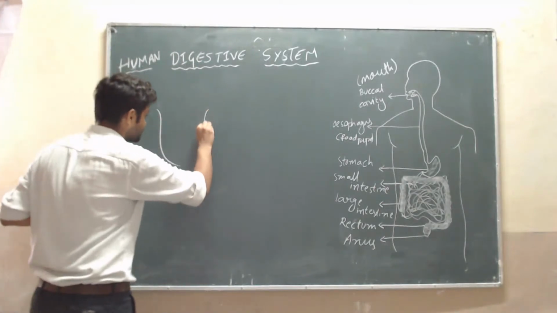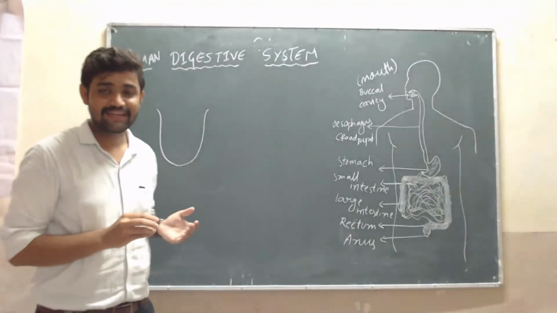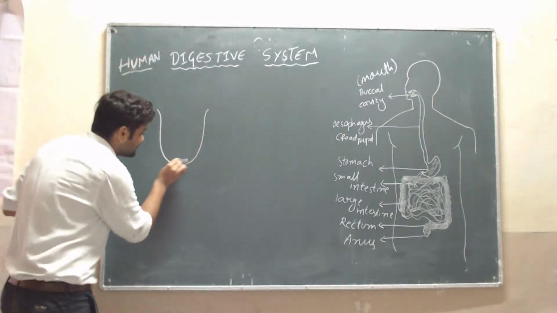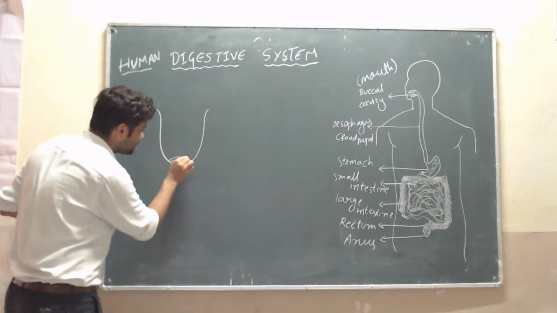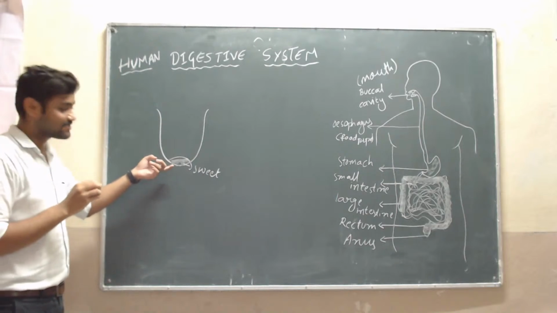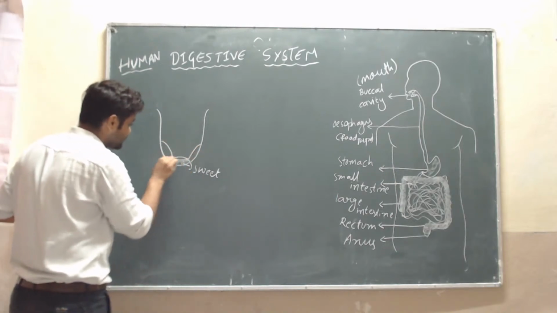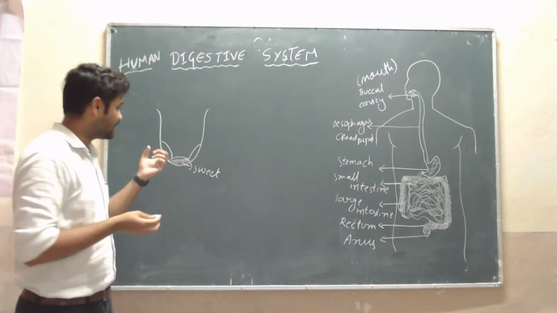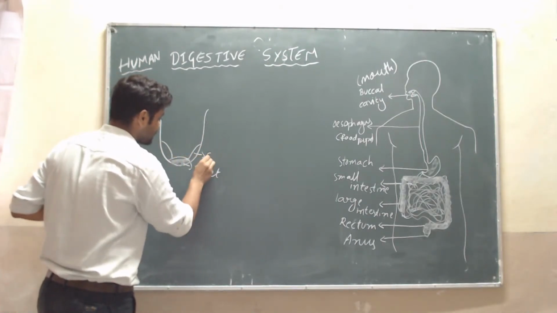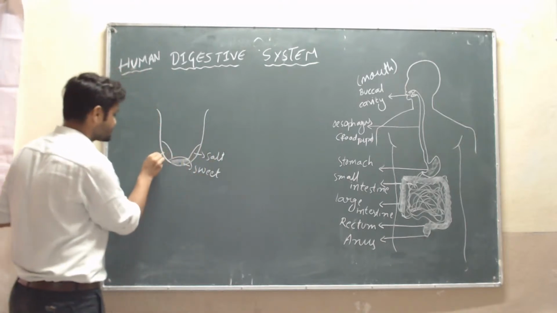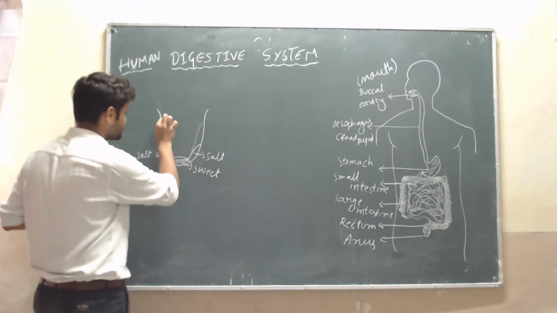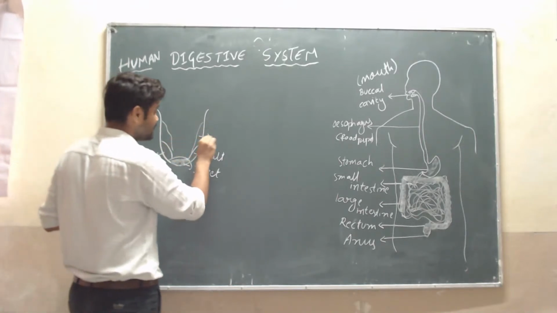How do we taste, sir? On the tongue, in this area we will feel sweet. In this area we will feel salty. From here to here we will feel sour.